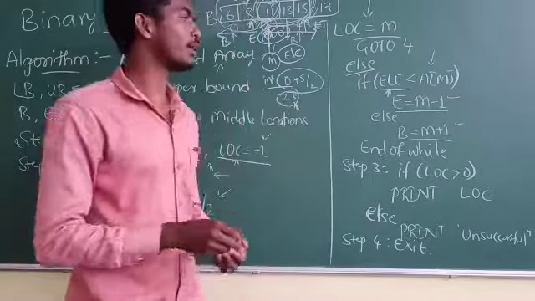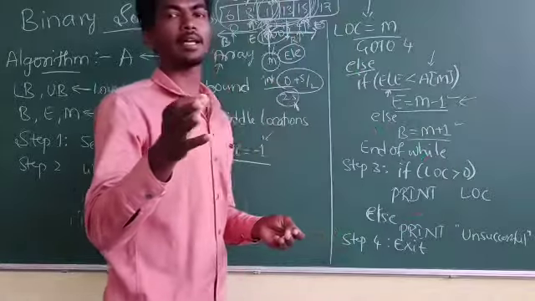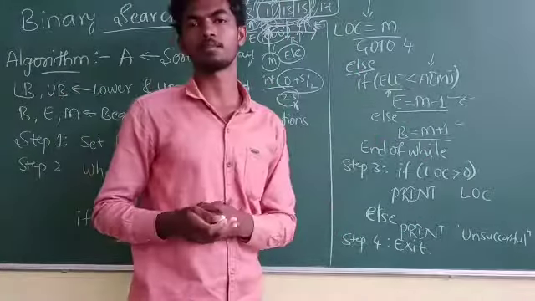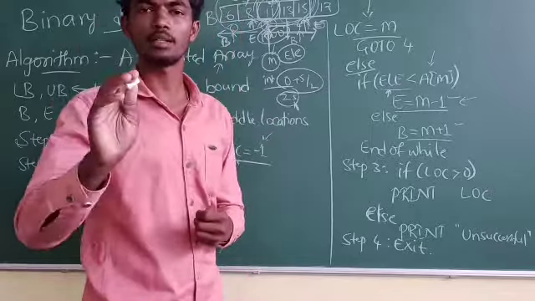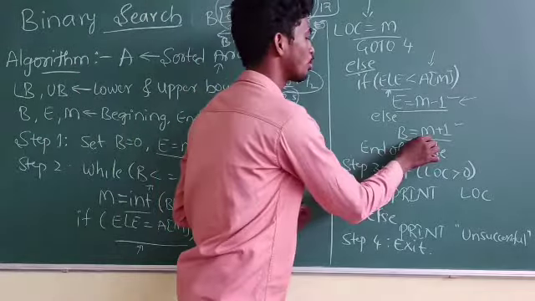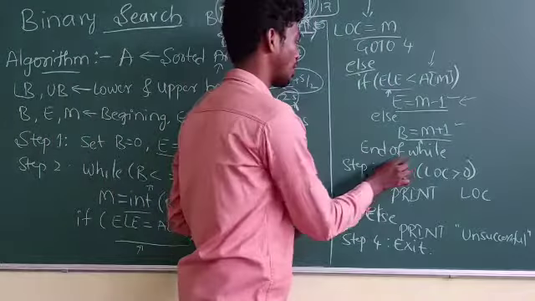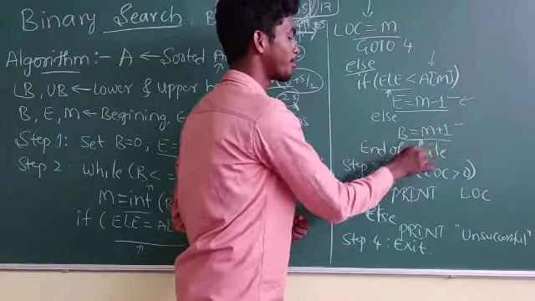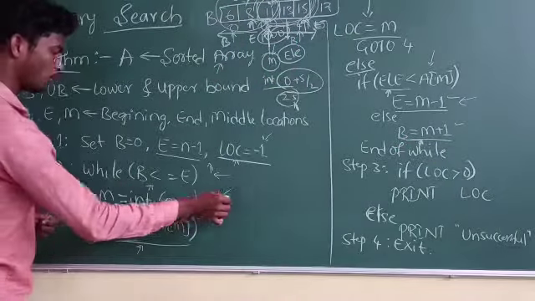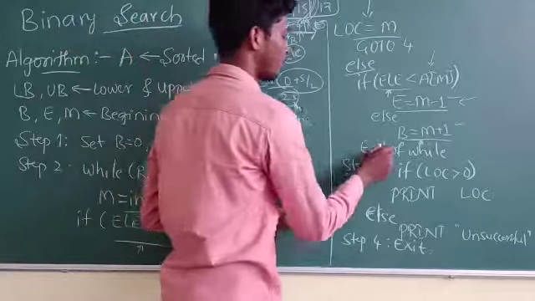If it is less than the middle, move the end of the array to m minus 1. If it is greater than the middle element, move the beginning to m plus 1. That is the end of the while, and after this the while loop runs again. Okay?